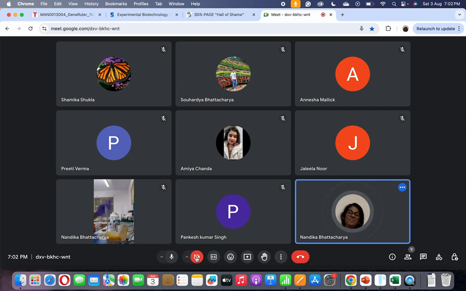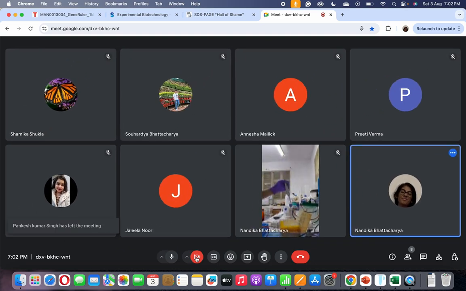I've casted a gel with 8 wells, so that means I will load 7 samples and one ladder. And last sample.